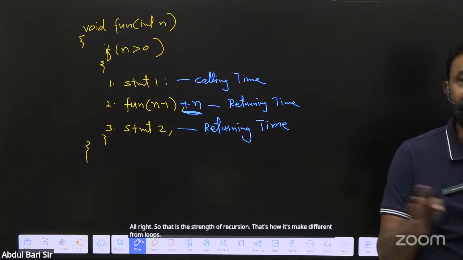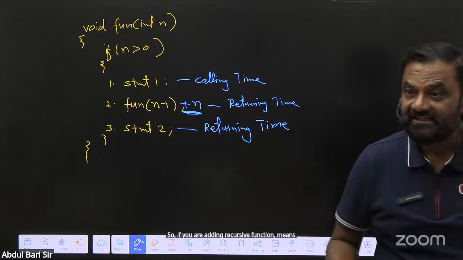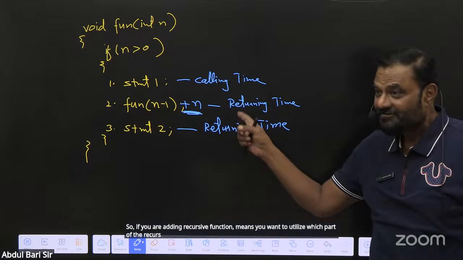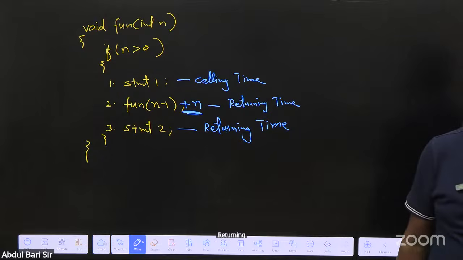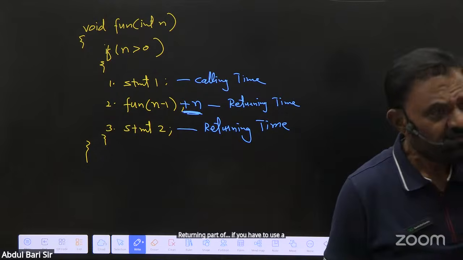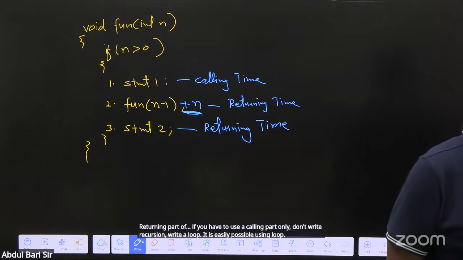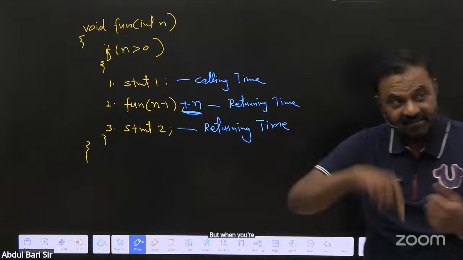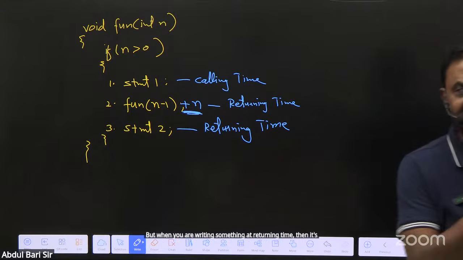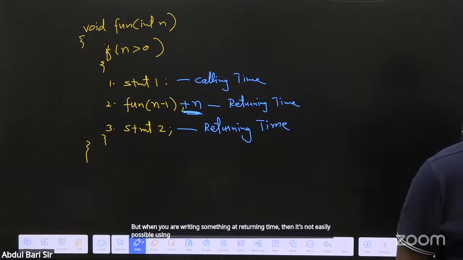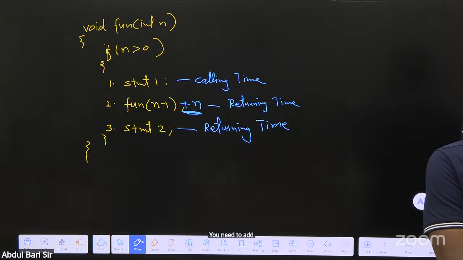So if you are writing a recursive function, you want to utilize the returning part of the recursion. If you have to use a calling part only, don't write recursion, write a loop. It is easily possible using a loop. But when you are writing something at returning time, it's not easily possible using a loop. You need to add something extra along with the loop.